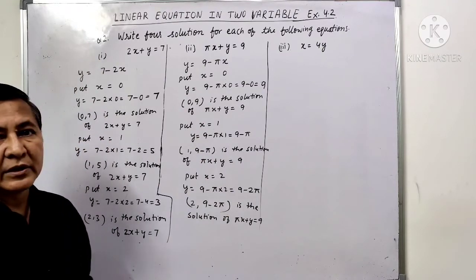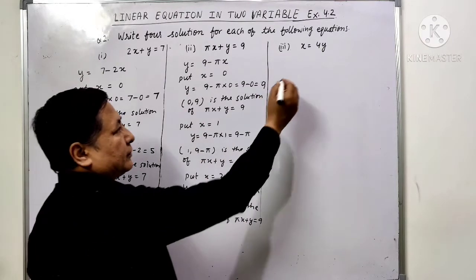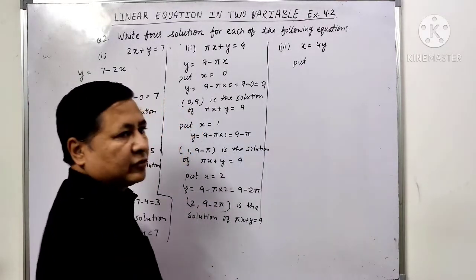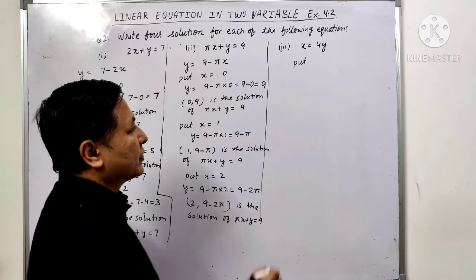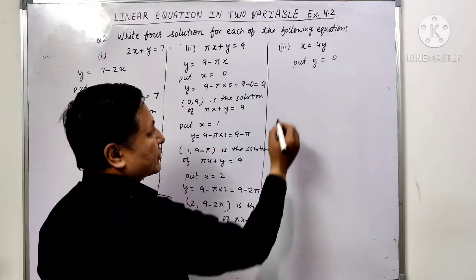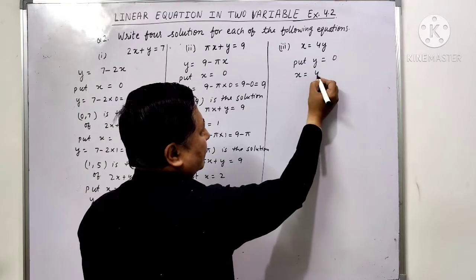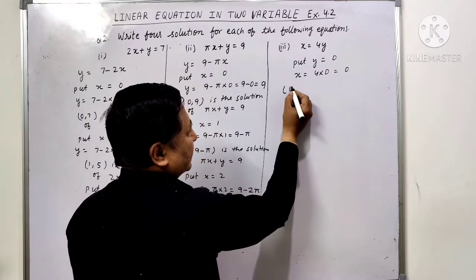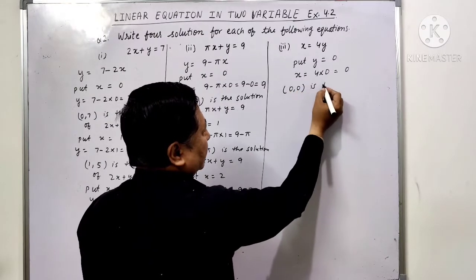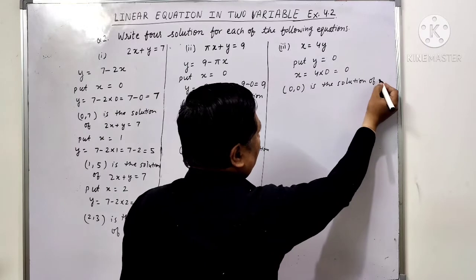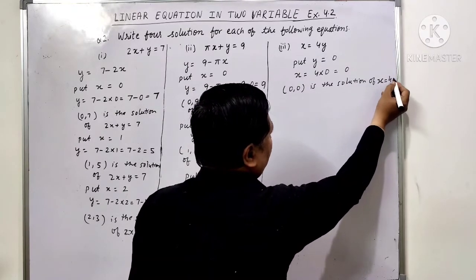Now we will take the third equation, x is equal to 4y. Here this time we are going to put values of y. So put y equal to 0. When you put y equal to 0, x is equal to 4 into 0, that is equal to 0. So one solution is (0, 0), a solution of x is equal to 4y.